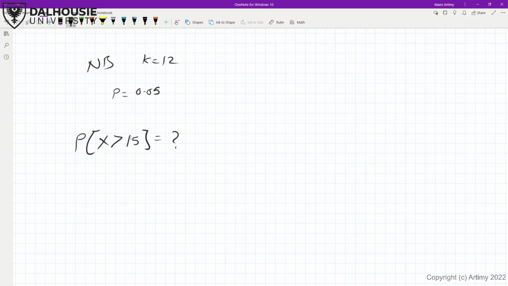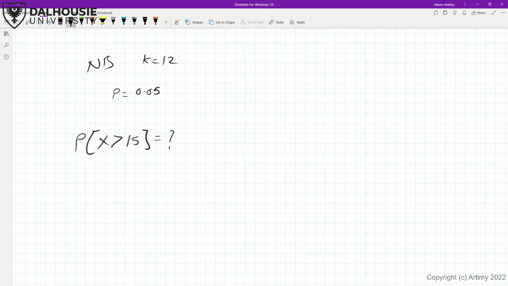So if I want to calculate P(X greater than 15), I have to calculate X equals 16 and so on. Even if I do 1 minus, that will also be a long way to go. And I told you already that we don't have tables for negative binomials. So what should we do here?